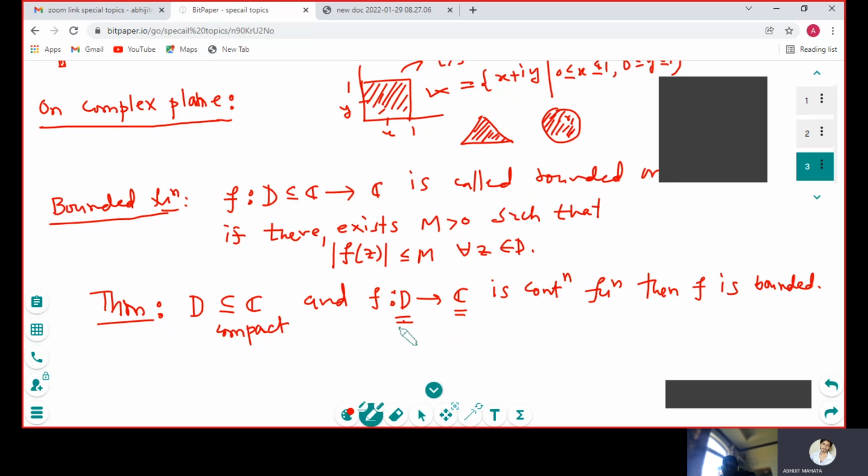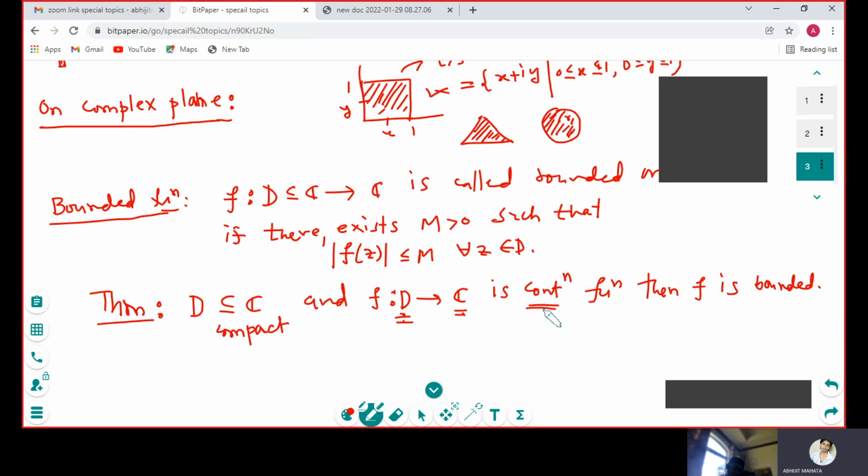It is not true only for complex valued, it is true for any continuous function also. Since we are working on complex valued functions, any complex valued function from D to C, where D is a compact set, if the function is continuous, then it is bounded.